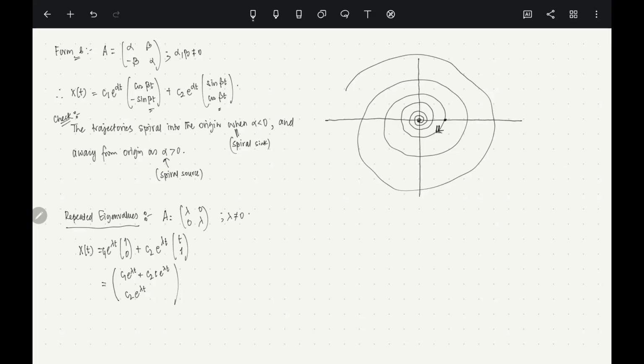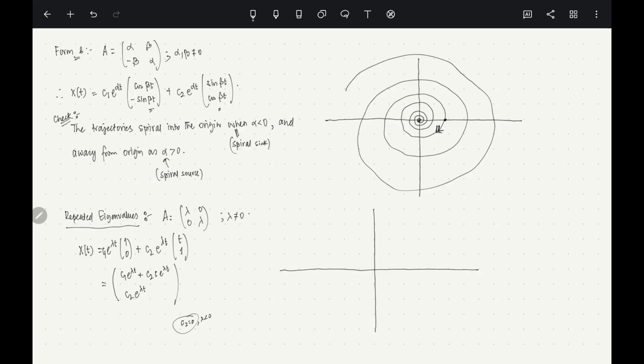Now you see what is happening is this: if I want to draw the phase portrait for this particular thing, let's just draw that. I'm not going to draw everything here. I'm just going to give you an idea. See, if C2 is 0, and let's say lambda is negative, it can be negative also, right?